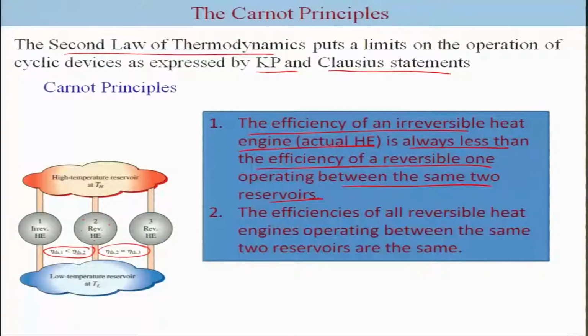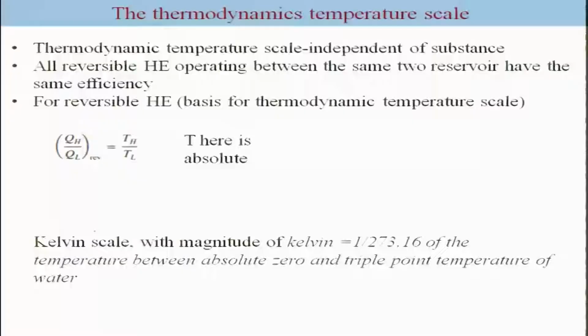The Carnot heat engine considers the gases, and you can show that the efficiency of the Carnot heat engine only depends on the temperature of the reservoirs. Now this Carnot heat engine and its fundamental outcome became the basis for designing the thermodynamic temperature scale.